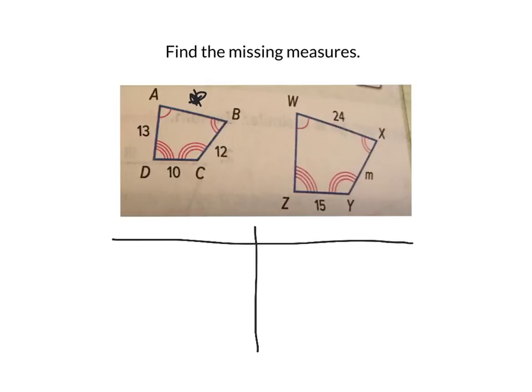In order to find that side, I can choose to find the scale factor of the similar polygons, or I can set up the proportions. Either way will work. And again, this is only if they're telling you that these 2 polygons are similar. And in this case, both of these polygons are similar polygons.